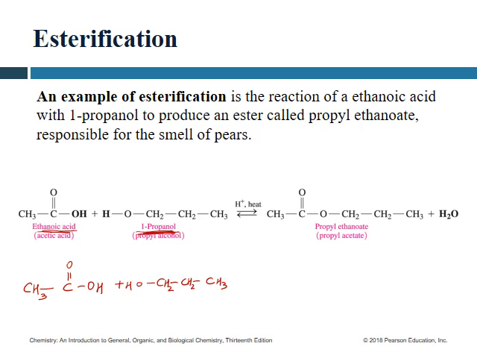How would they react? Remember, the carboxylic acid gives the OH and the hydrogen comes from the alcohol. So this will be lost as water, and rest everything else we join. So let's join it. This would be CH3, C double bond O, O, CH2, CH2, CH3.